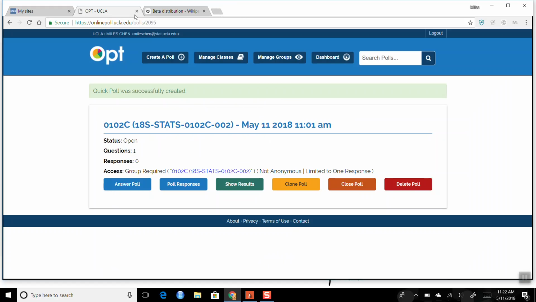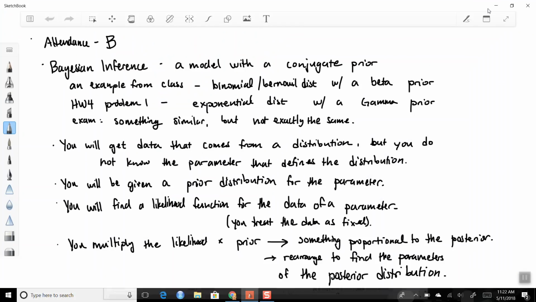I wanted to do a little bit of clarification, but I don't know if that makes sense. So if you do the likelihood times the prior, you get something that's proportional to the posterior. And then if you say, okay, well, my posterior is in the form of a beta distribution, and I rearrange the terms so I can say I have this alpha and this beta parameter, then we could just say the posterior is a beta 6-5 distribution or something, and that will take care of the normalizing constant.